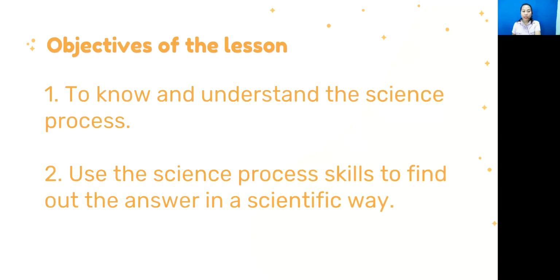Number 2 is after our lesson, you are able to use the science process skills to find out the answer in a scientific way. So you need to know how to answer using the science processes. So anyway, what is the science process?